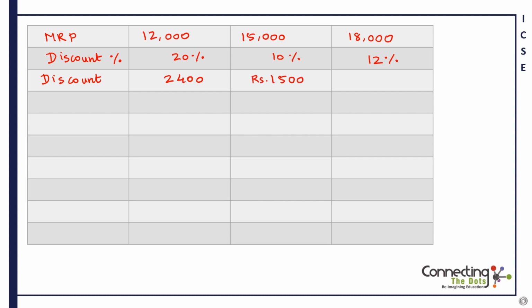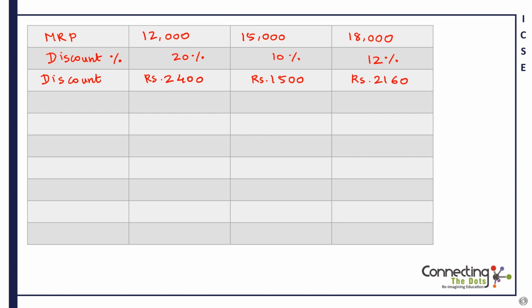Remember, this is the amount, so these can be expressed as rupees. And the last machine has a discount of 12%, and 12% of 18,000 gives us a discount amount of 2,160.